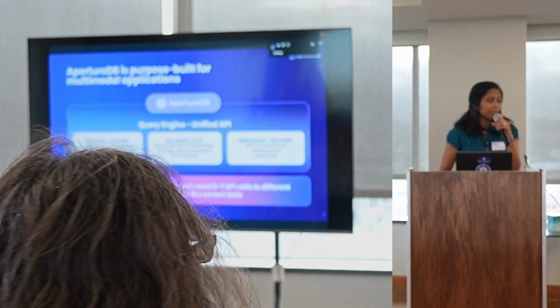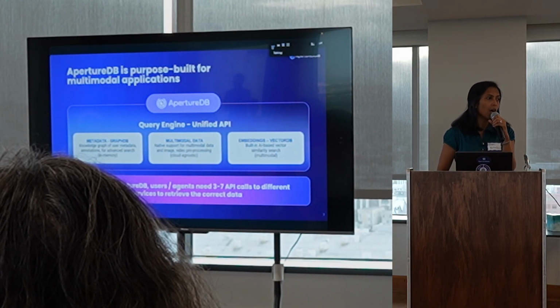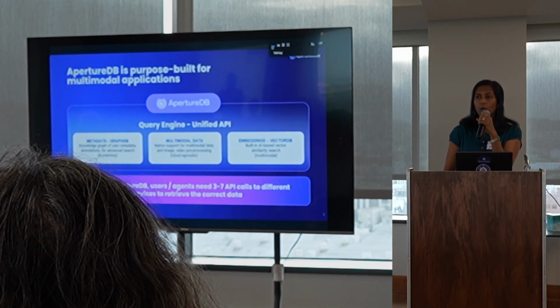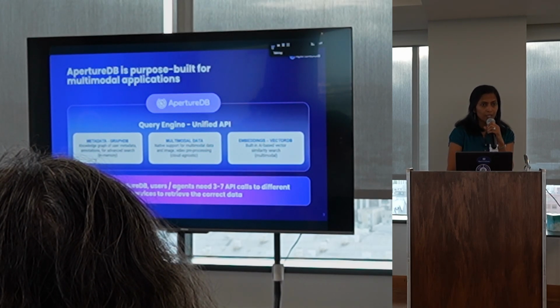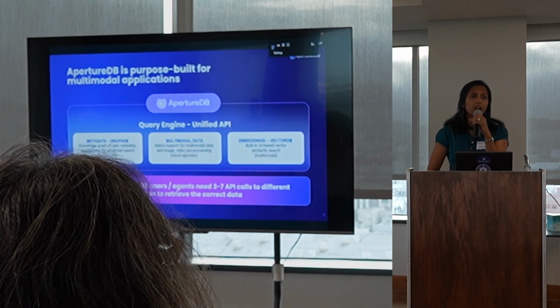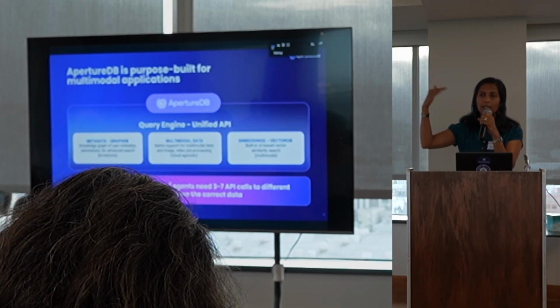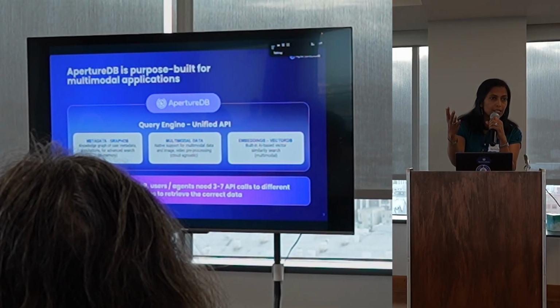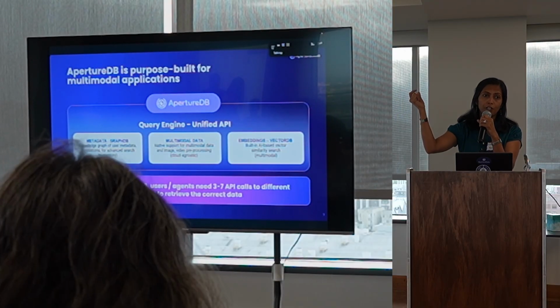The next aspect is the metadata. We realize that a lot of this data already comes with different metadata, whether it's just simple attributes like timestamp, or who is the owner or who is the creator, or you might have run models to detect where is a specific bounding box, where is a specific object, where are people's faces in the images, or where is a specific interesting paragraph in the document.